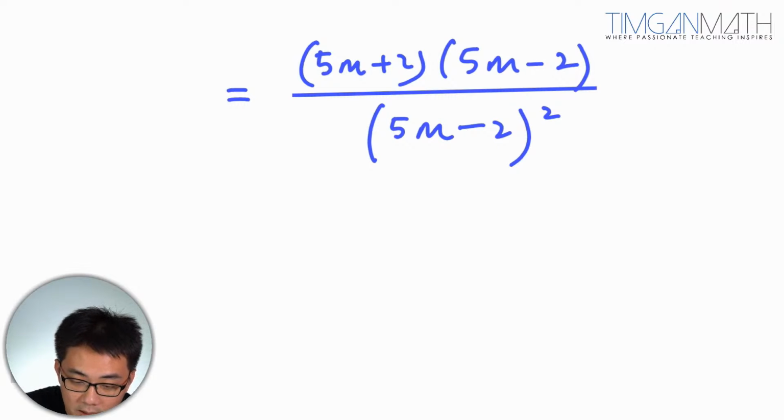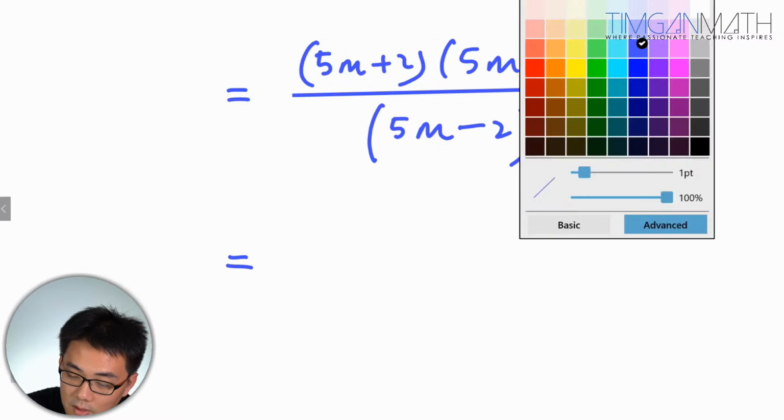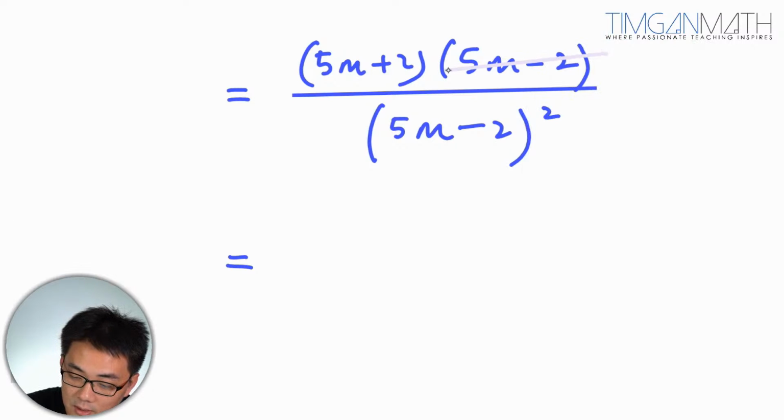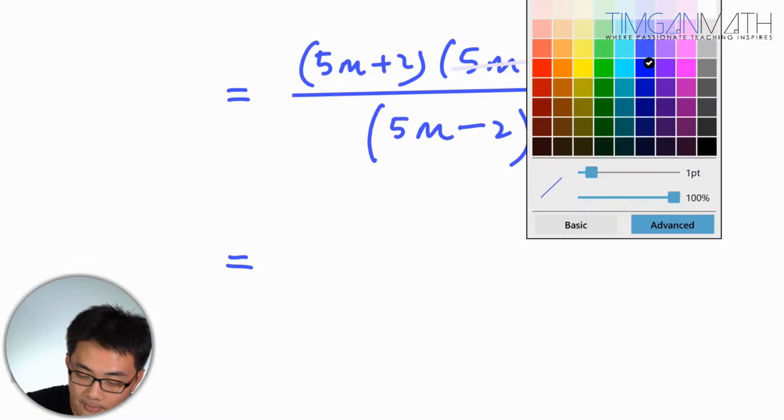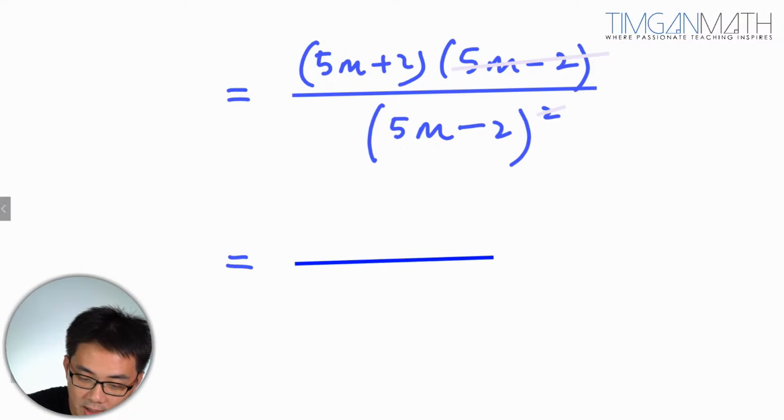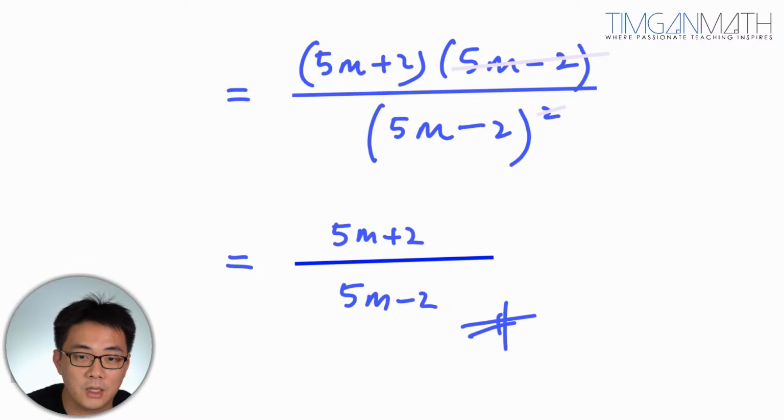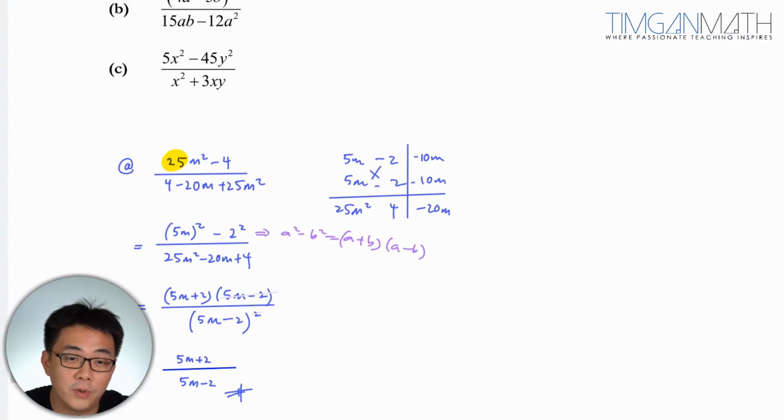In this case, what we'll get is we can cancel this out. So I'm just going to slowly cancel this and this, right? Cancel one out, and simplifying it would just be 5m plus 2 over 5m minus 2. Okay, so this is how you do the first part. I think that's pretty okay.